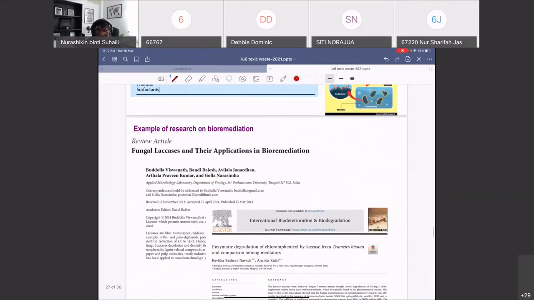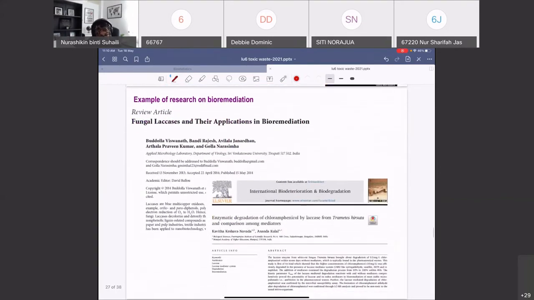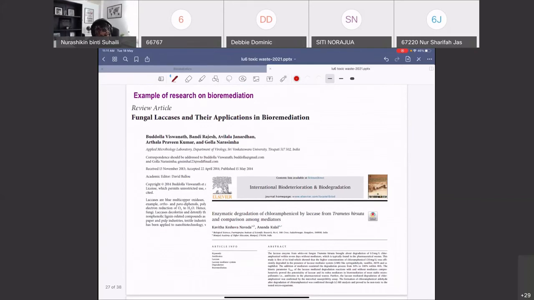Okay, so these are some more examples of research on bioremediation. This one is on fungal laccases. When we talk about microorganisms, what actually drives the bioremediation or biodegradation process is the enzymes that they secrete.